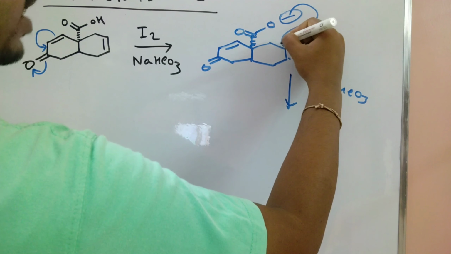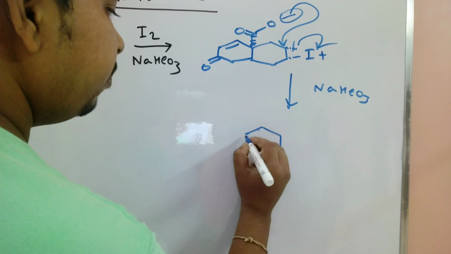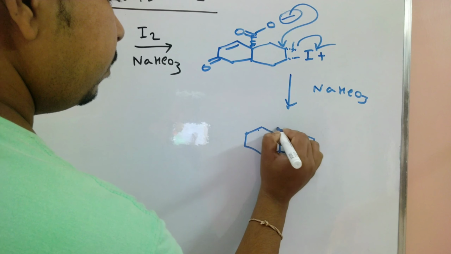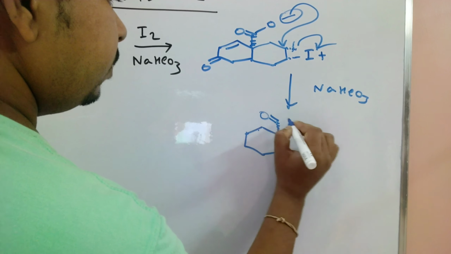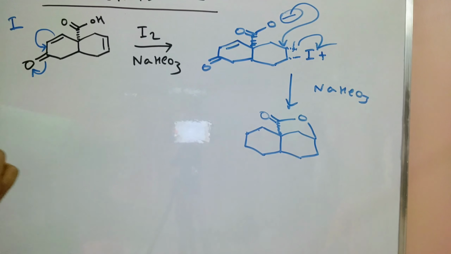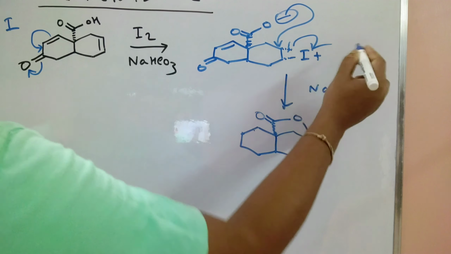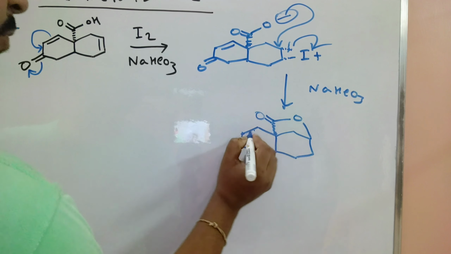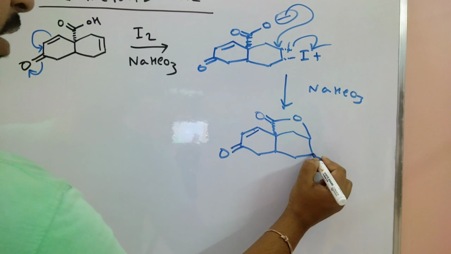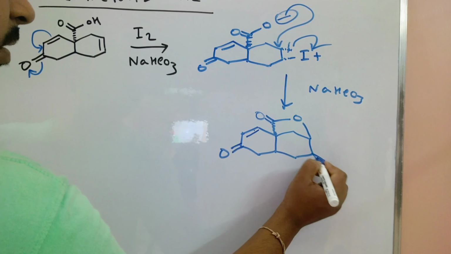So this one attacks on that center and this bond is broken and formation of the product is this O on that center. So now our iodine is removed and formation of the product, this double bond intact same, this double bond intact same, and on that side iodine is present.